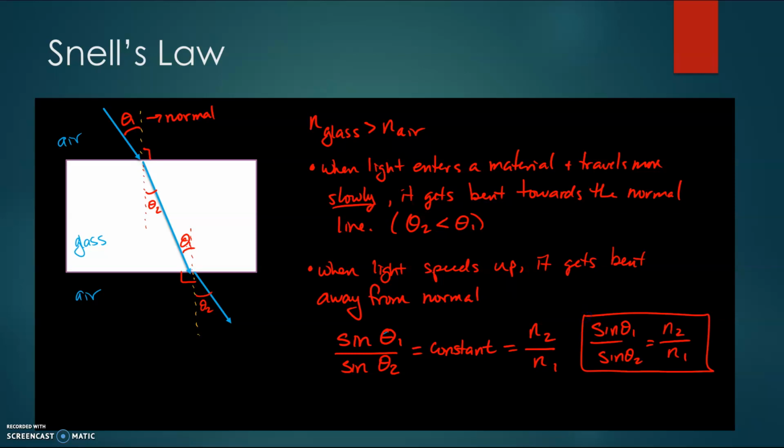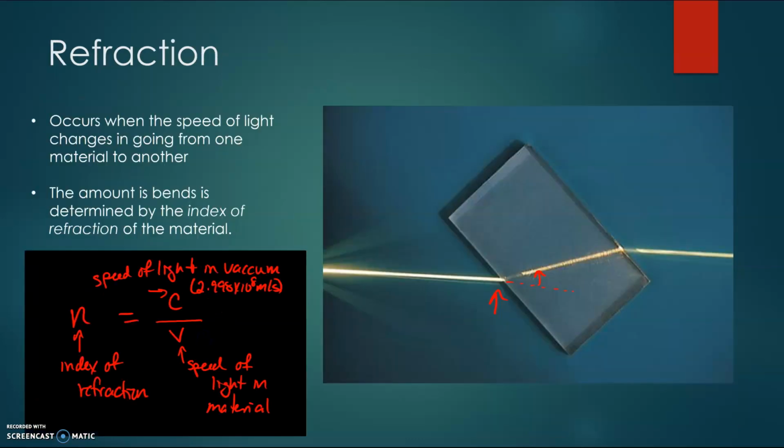So if I give you the two angles, and I give you the index of refraction of one material, you can find the index of refraction of the other material. Not bad, right? And then, if you know the index of refraction, you can find the speed of light in that material, and that's kind of cool.